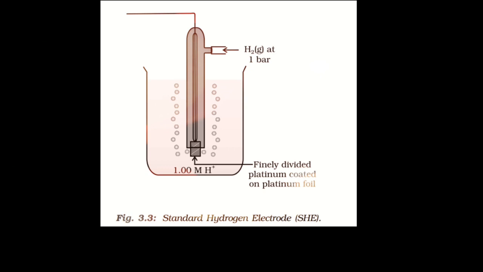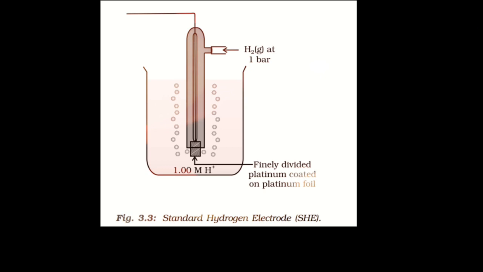There is a glass tube, as shown in this figure, with a platinum foil hanging on a platinum wire. Also, hydrogen gas is continuously passing into this solution. This apparatus arrangement is called the standard hydrogen electrode.